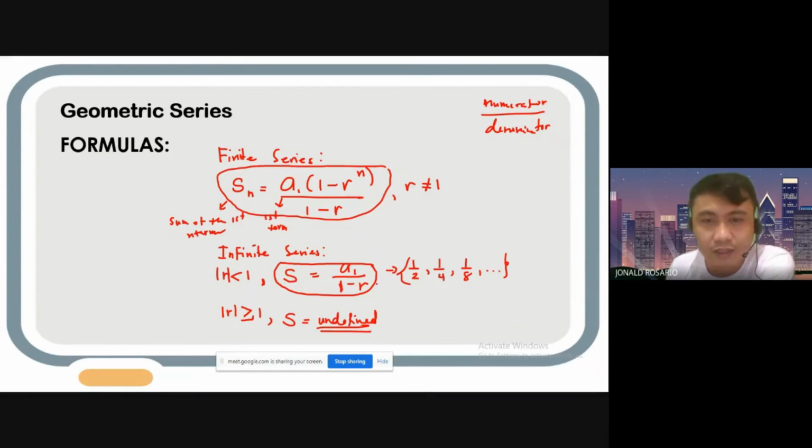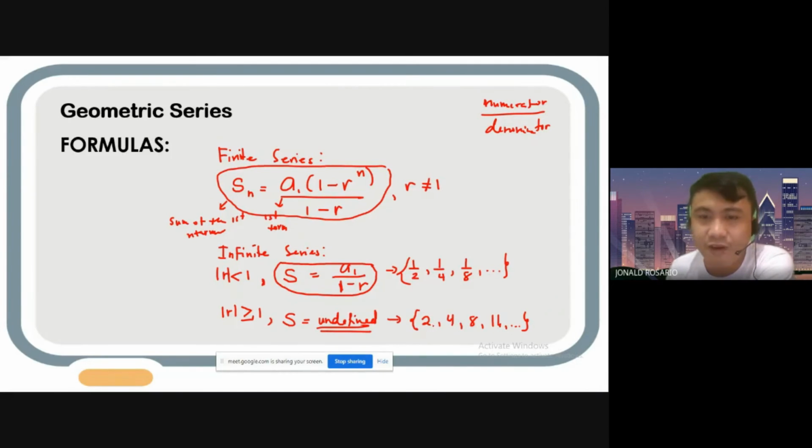Actually, ang r nito is 1/2. Okay? But for this one, for example, yung 2, 4, 8, 16, tas infinite pa, hindi natin alam ang sum nito. Kahit infinite yan, hindi natin alam ang sum niya. Okay? Kasi, ang value ng r niya ay mas malaki sa 1.